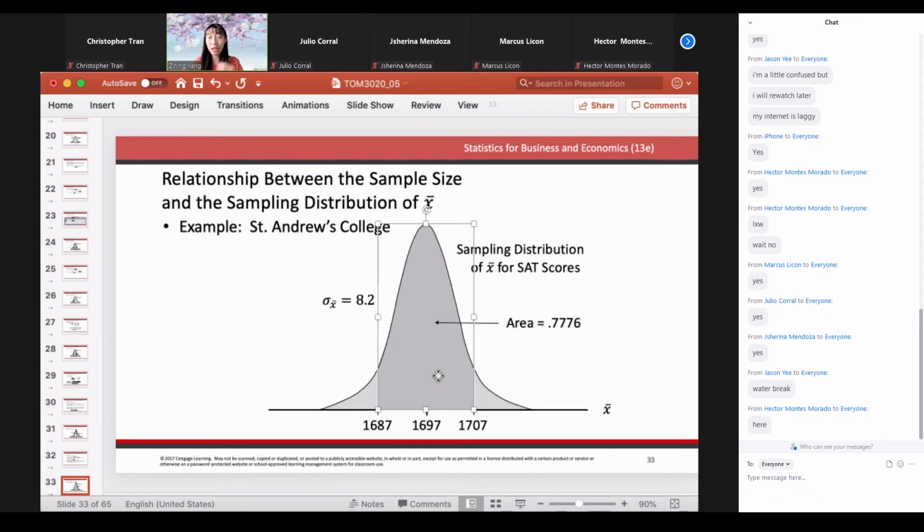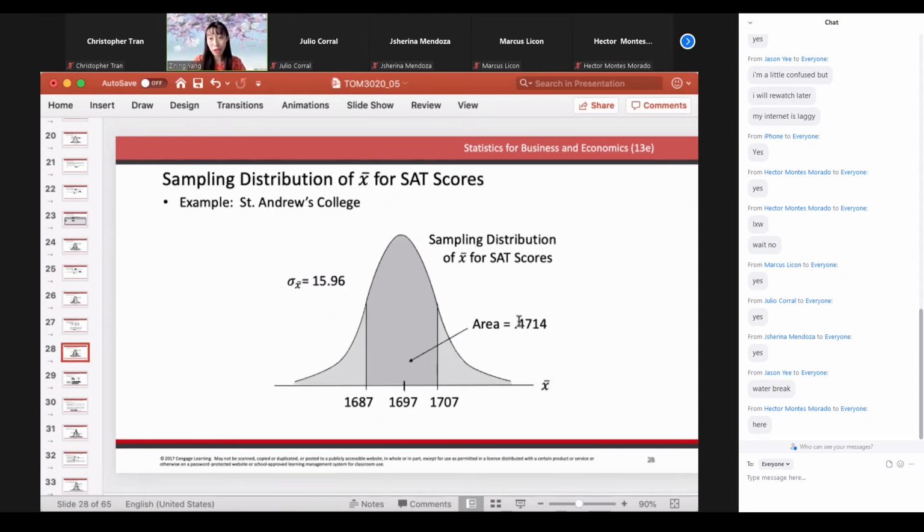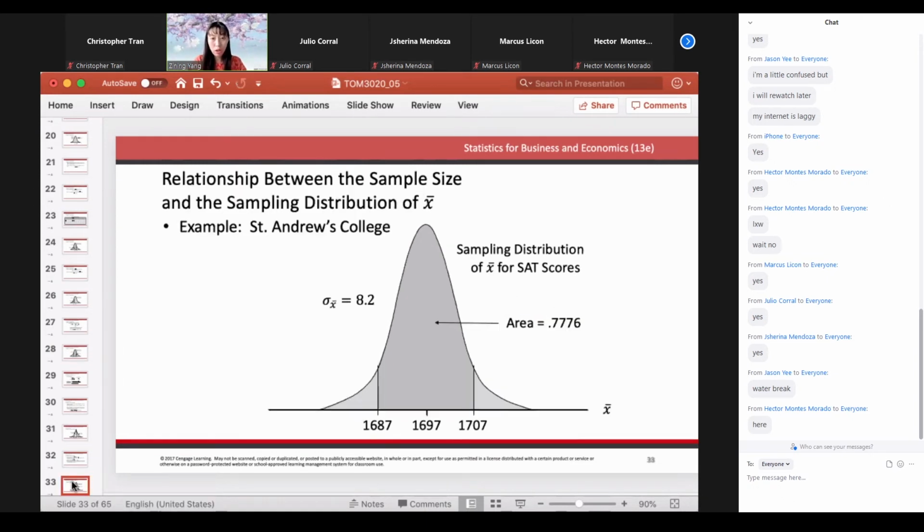So 78% chance our estimation is going to be good. Versus previously, when it's wide and flat, there's only a 47% chance that our estimation is good. So we improved that by like 30%. That's the value of increasing your sample size and also applying the finite population correction factor.